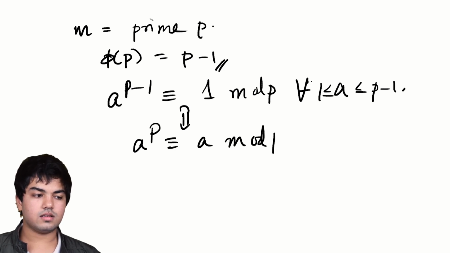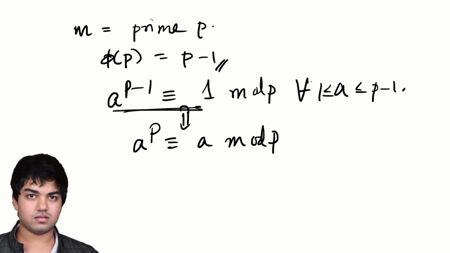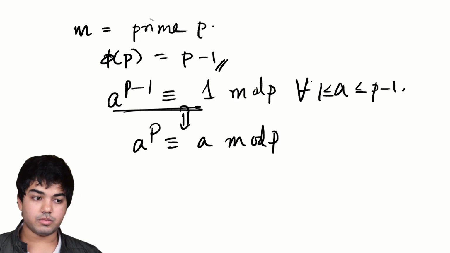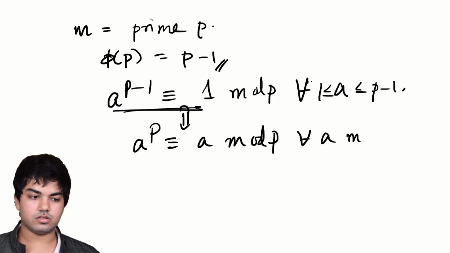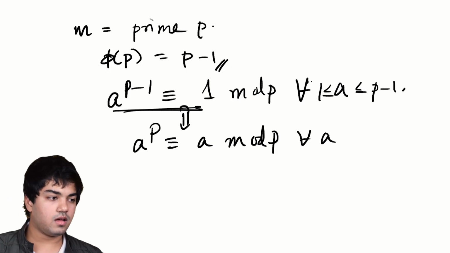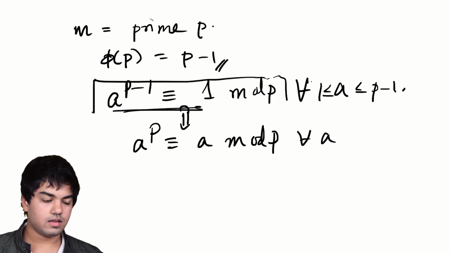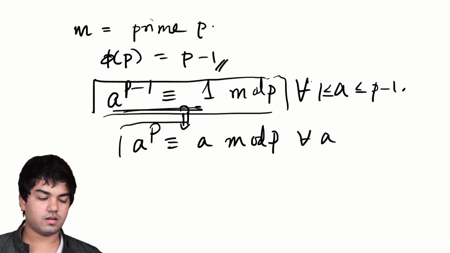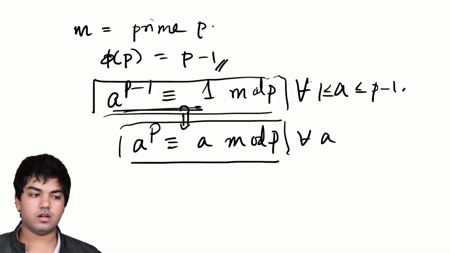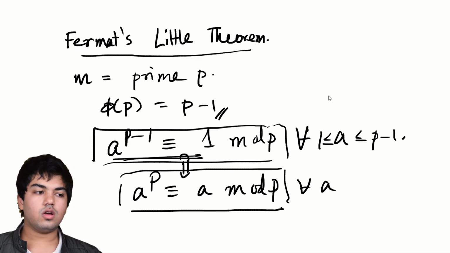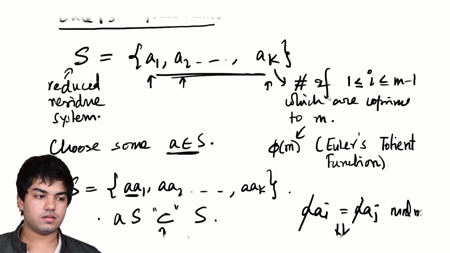Right? I can just multiply with A on both sides, and I'll get this. But this is true for all A mod P. Rather, all A in general, any integer. Right? So, this or this is known as Fermat's little theorem. Alright? Now let's go back to the problem we were looking at.